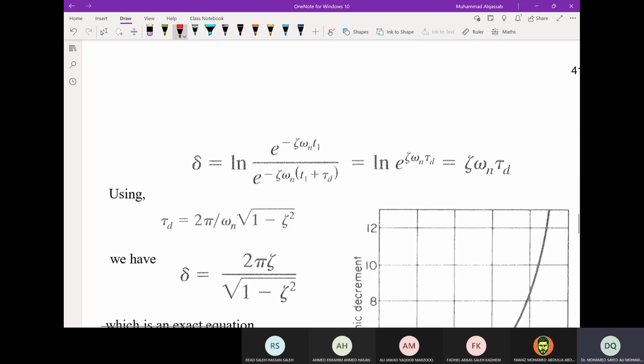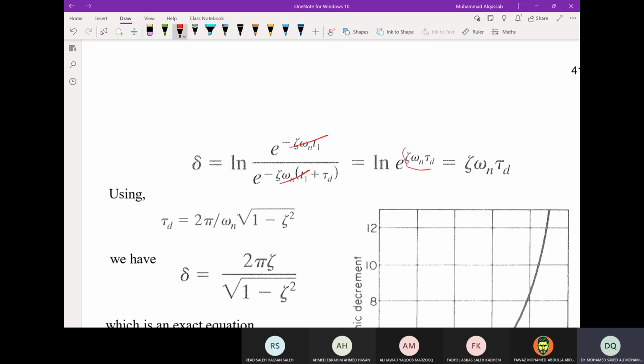So delta becomes simplified: ln of e to the power minus zeta omega n t1 divided by e to the power minus zeta omega n (t1 plus tau d), equal to ln of e to the power zeta omega n tau d, because this cancels with this as well. And you can use the properties of logarithms.